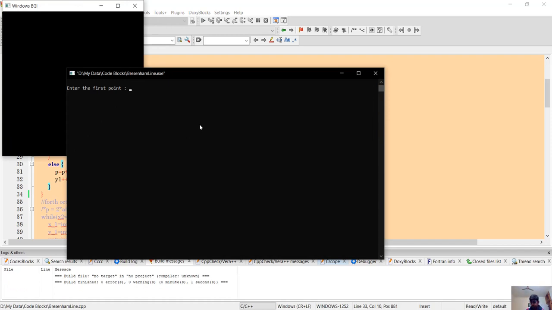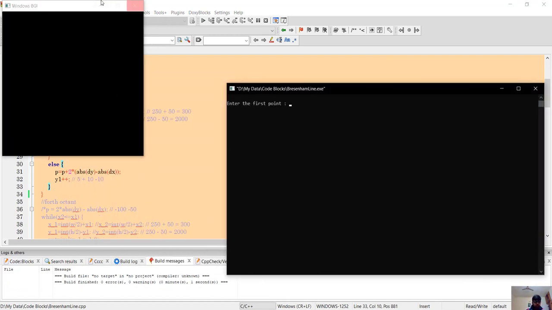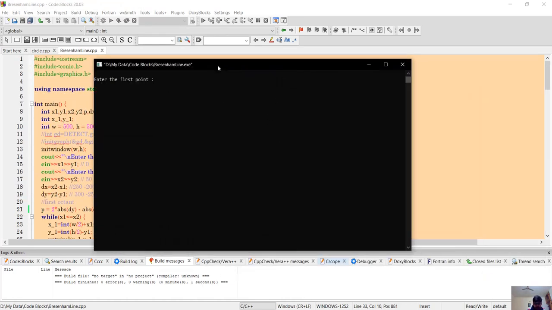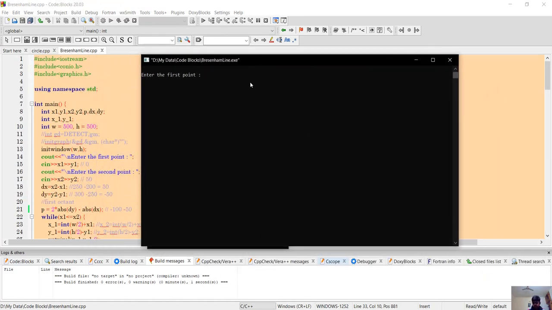Enter the first point, since we have to input two things first. Let's suppose the initial coordinates are 0 comma 0. The second, let's suppose in the first octant, is 200 by 200.